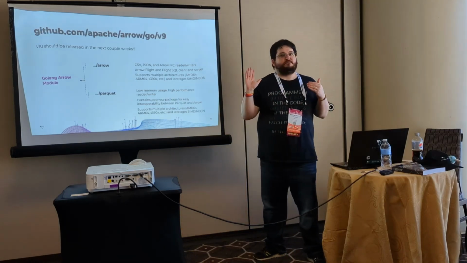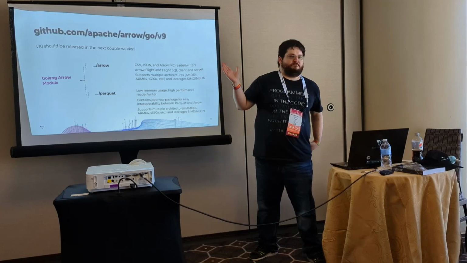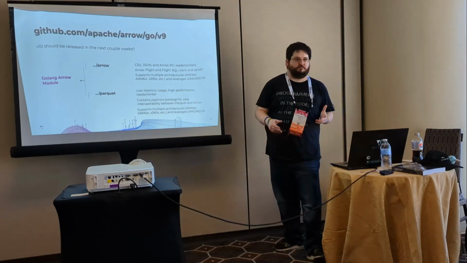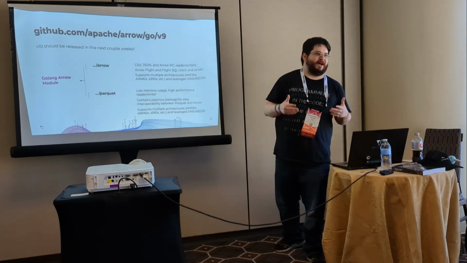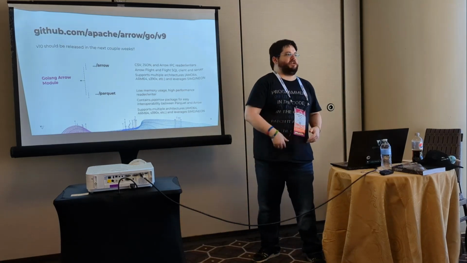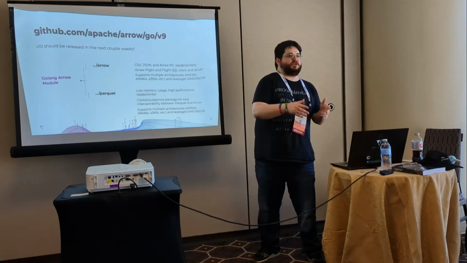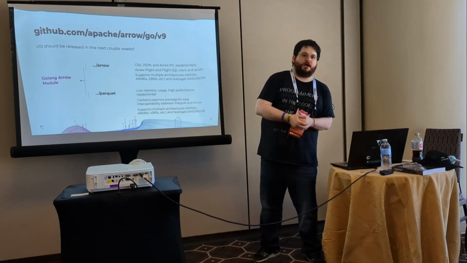So, this is the import path for the Go Arrow and Parquet libraries. The official repo, the GitHub Apache Arrow repo, has the implementations for the majority of the languages it supports. The Rust implementation is a separate repo.